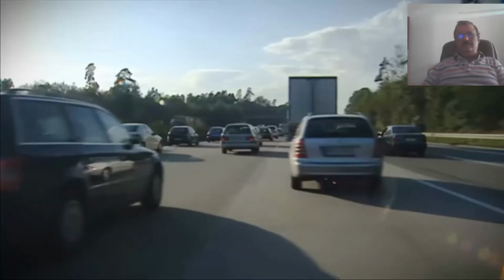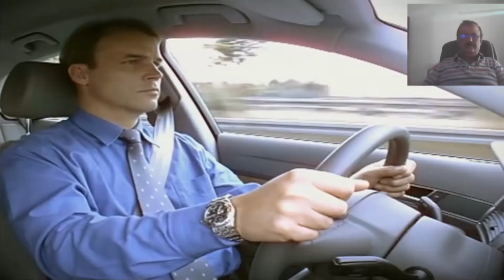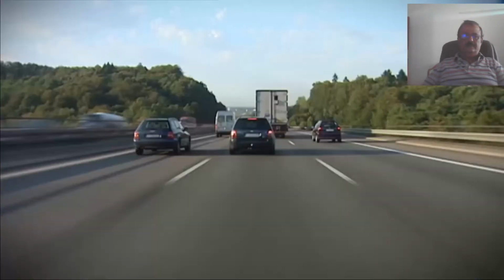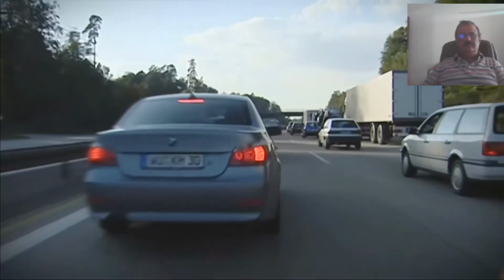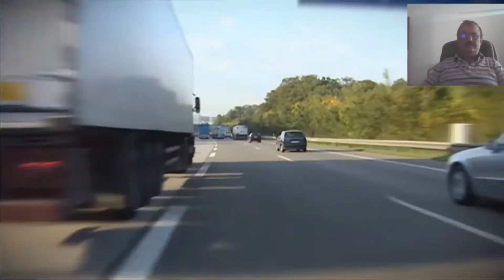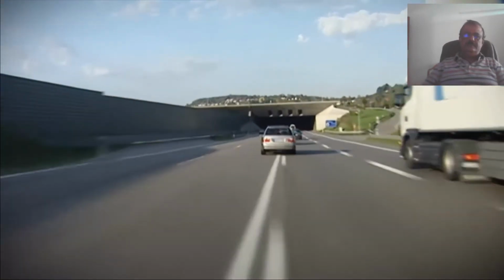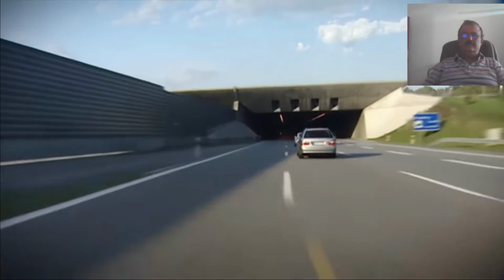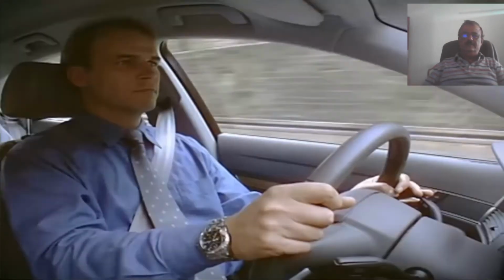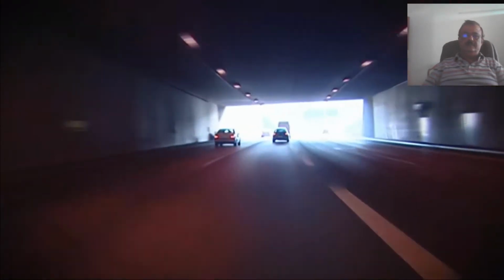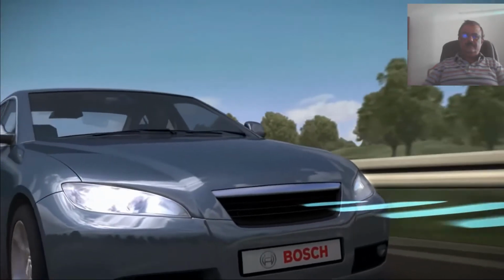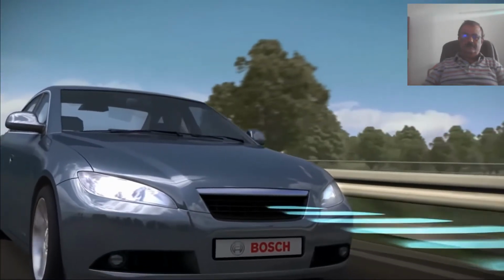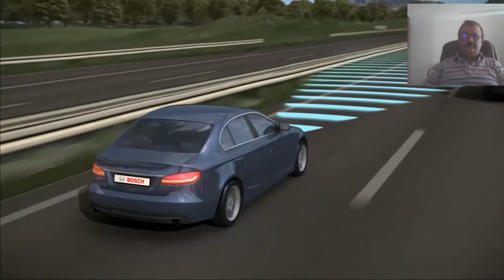Driving in heavy traffic is hard work. The driver needs to concentrate at all times, respond quickly to new situations, and react by braking or accelerating. With adaptive cruise control from Bosch, ACC for short, driving is far more relaxed. ACC can take the pressure off the driver during the journey by adapting the speed of the vehicle to the flow of traffic.